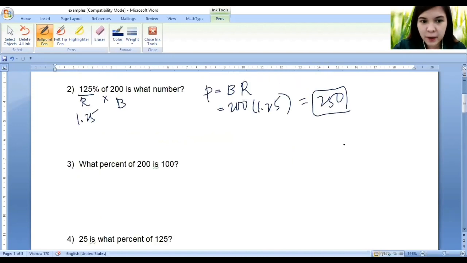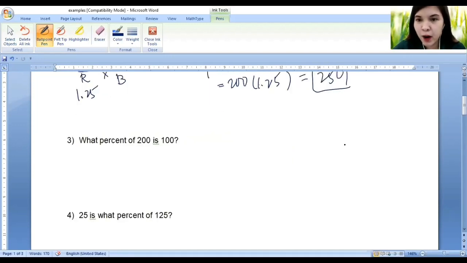Next, number 3. What percent of 200 is 100? So, automatically, we know now what we're looking for. We're looking for the rate. Ilan daw bang porsyento ng 200 yung 100? So, kung i-common sense mo, alam naman natin 50%, kasi alam natin kalahati ng 200 yung 100. Okay?